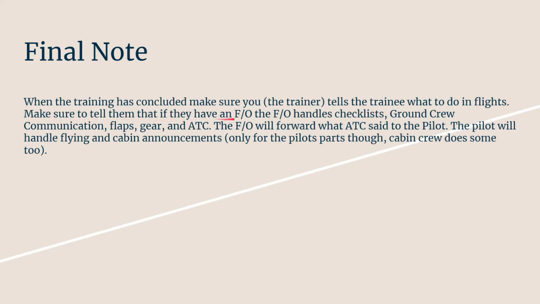Make sure to tell them that if they have an FO, the FO handles checklists. So this is kind of an end note to the trainee, that the first officer will handle various stuff in the flight, like ATC communication, flaps, gear, and all of that other stuff, and ground crew communication.